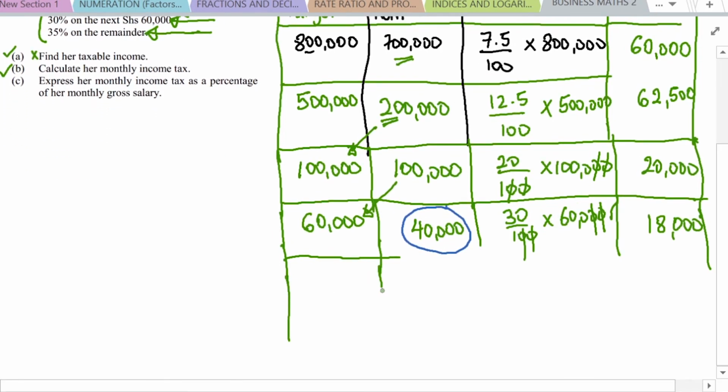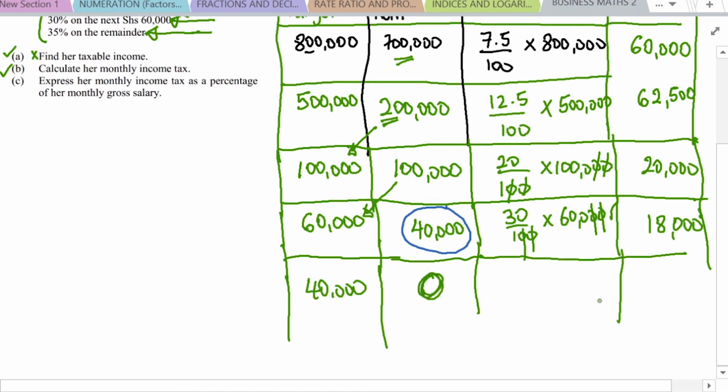So the remainder, which is 40,000, is taxed at 35%. So it's 35 over 100, multiply that by 40,000. So when you multiply this times that, you end up with 14,000.